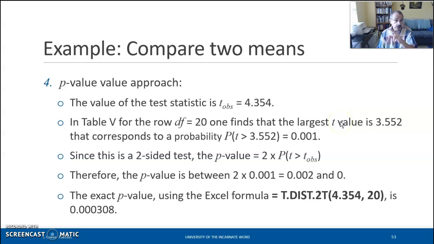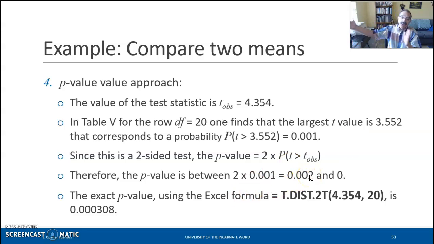But we know this is a two-sided test, so the p-value is 2 times the probability to the right, so 2 times 0.001. So the p-value is between 2 times 0.001, or 0.002, and 0, because 4.354 is to the right of 3.552. So it's going to be a probability smaller than 0.002.